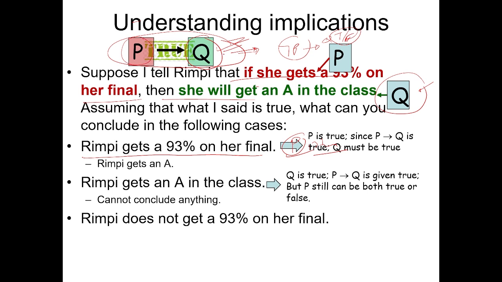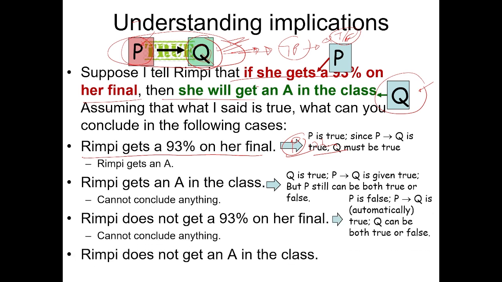We know the whole implication becomes true if just the hypothesis is false. So it doesn't matter what Q is. Again, you cannot conclude anything about whether she will get an A in the class. You cannot conclude anything about Q.